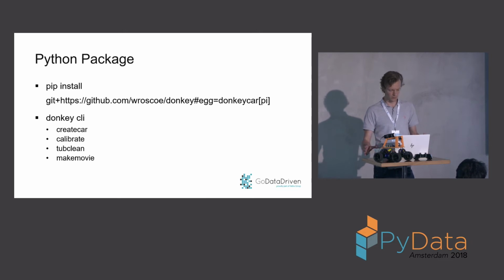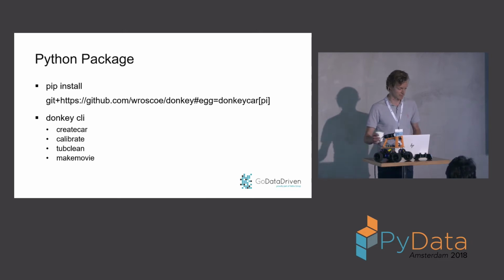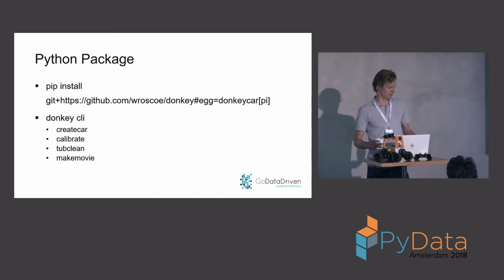And it will give you this Donkey CLI, which allows you to easily create new cars. You can have multiple cars, each in a subfolder they create. You have to calibrate your car before using it. And they have this concept of tubs, which are basically data sets. You can make a movie out of a tub. I'll show all of them in a bit.